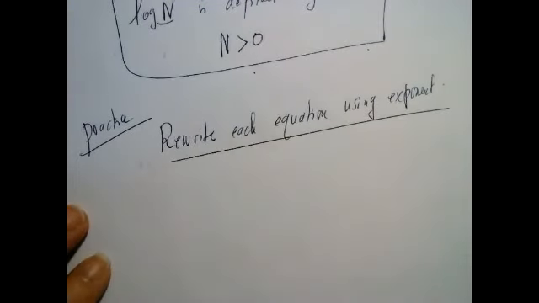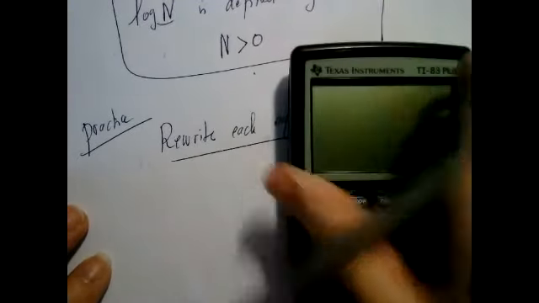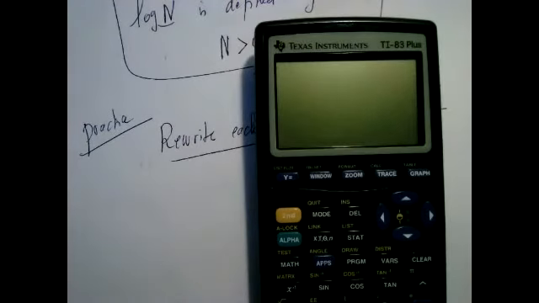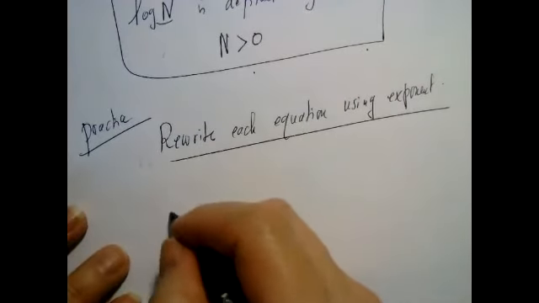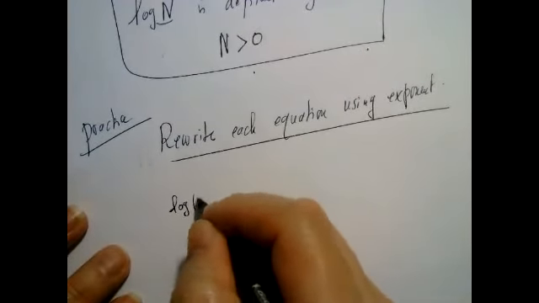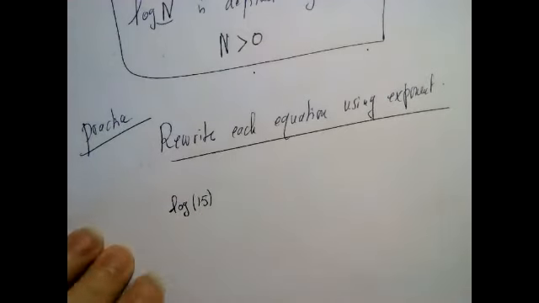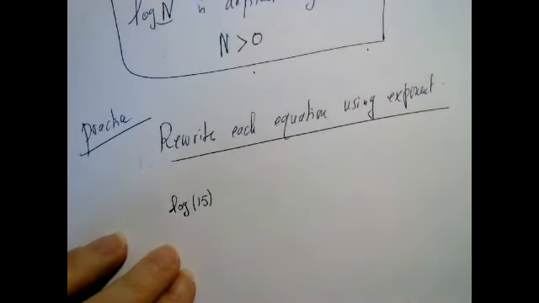Suppose I take my calculator, for example, and I evaluate the log of 15. Now, finding log of 15 is fairly hard for us. You don't have to write everything. Suppose I tell you to find the log of 15 without a calculator. What does this mean?